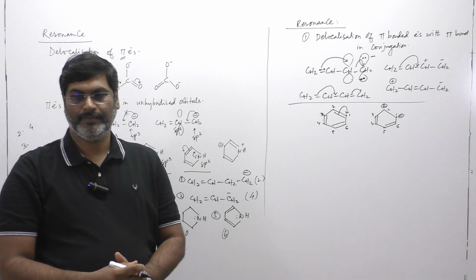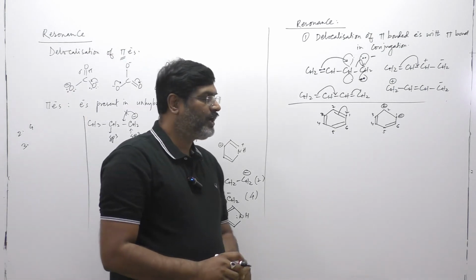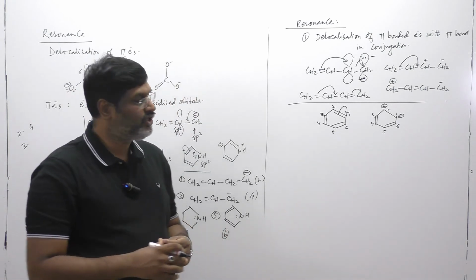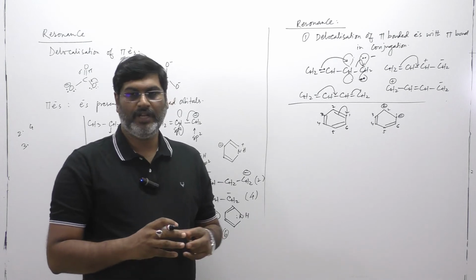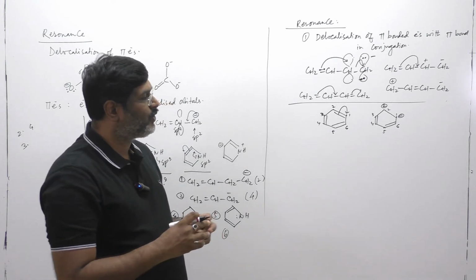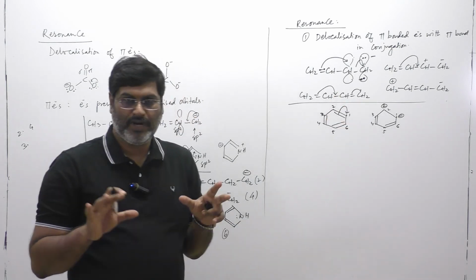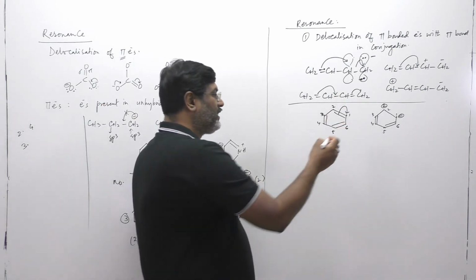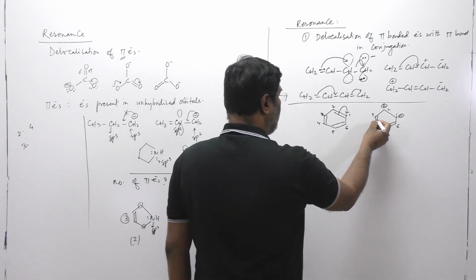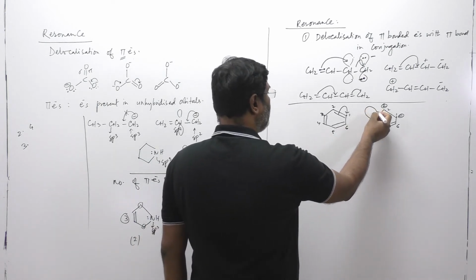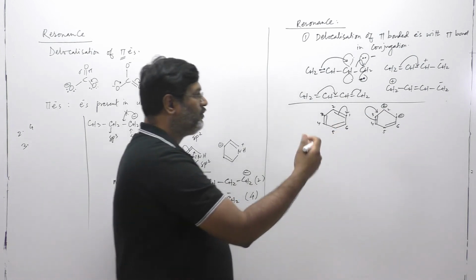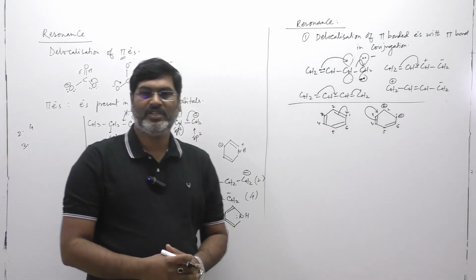What's next? We'll break the pi bond in between 3 and 4. The 3 will have negative and 4 will have positive, and this negative will be given there. We don't write all this in detail. Directly we indicate that the bonded pair of electrons now shifts in between 2 and 3. Why is this shifting possible?